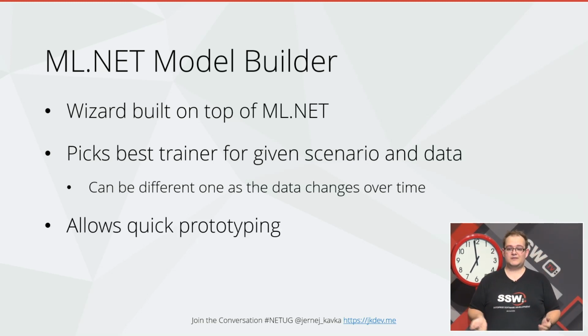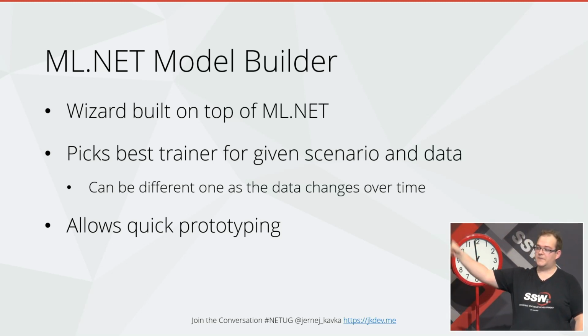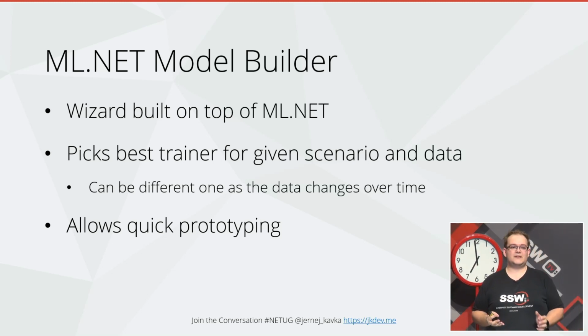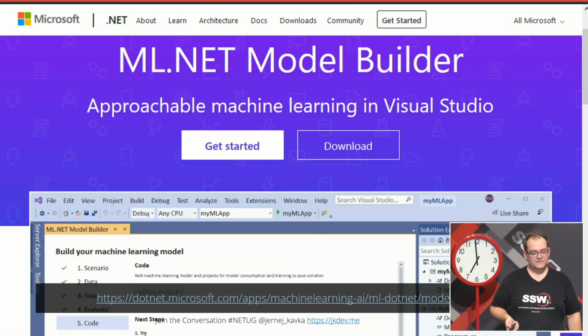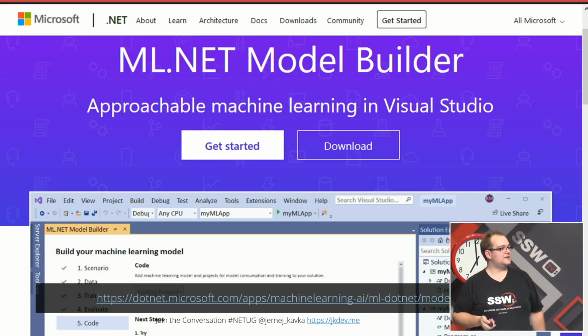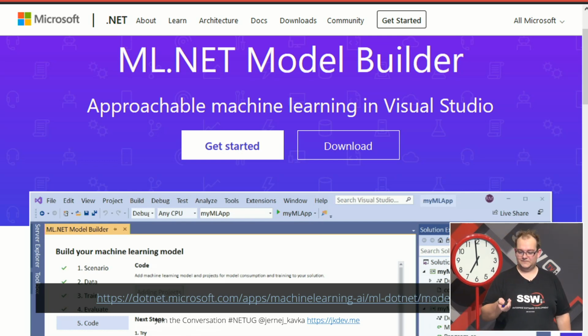And what it also allows you to do is quickly iterate through your data and see how the model is going to build and work in production, because it trains the model and then evaluates right away. So you will see when you change your data whether you're getting better results or worse results. And to show you, here you can download the ML.NET Model Builder.